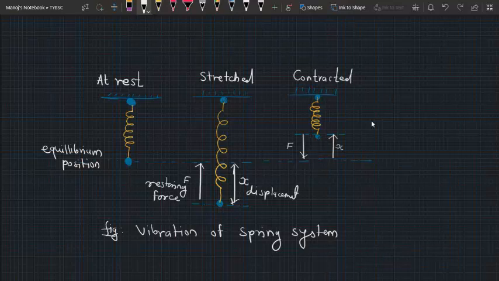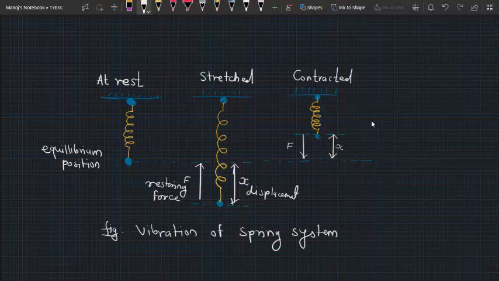Now, when I release this atom B, what will happen? This atom B will get contracted or compressed. Okay, and this x will again be the displacement. This x and this x both are the same. And now the spring will push this atom B outside, and this will again be the restoring force, to come to the normal position or the equilibrium position.